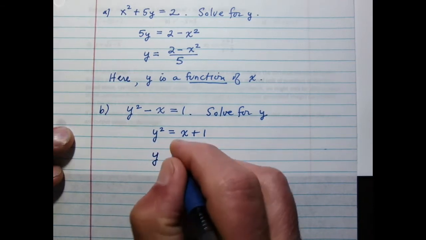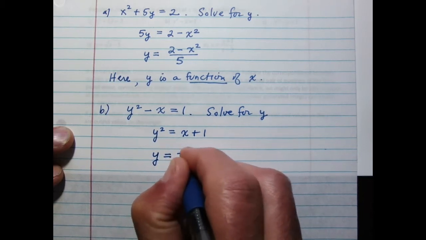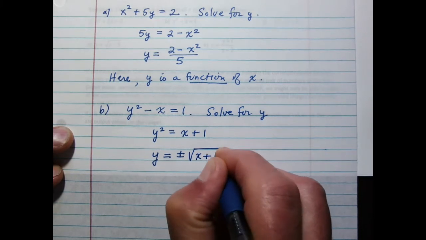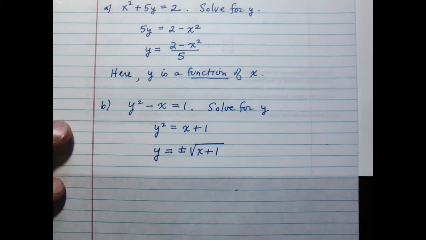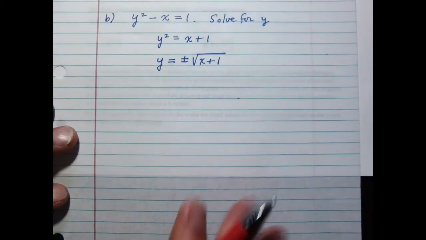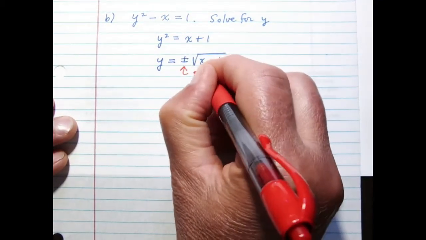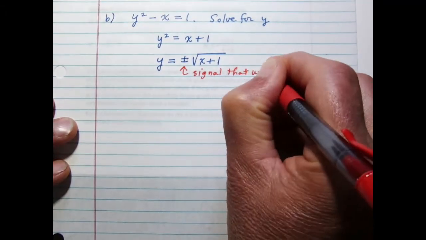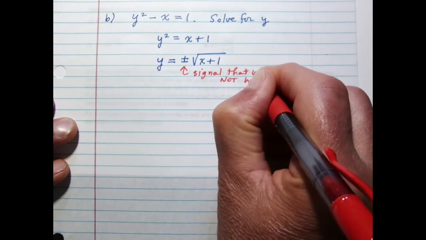And quantities have 2 square roots, right? So I have to write y equals plus or minus the square root of x plus 1. And that plus or minus sign is a signal here that we do not have a function.